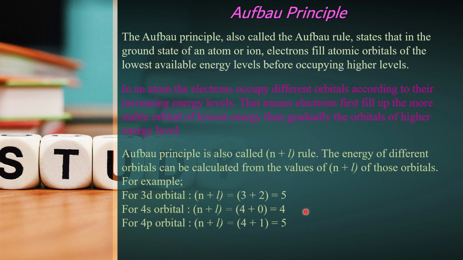And 4s has N plus L value 4, so it has the lowest energy. So the gradation of energy will be 4p, 3d, then 4s: 4p has the highest energy, then 3d, and 4s has the lowest energy.